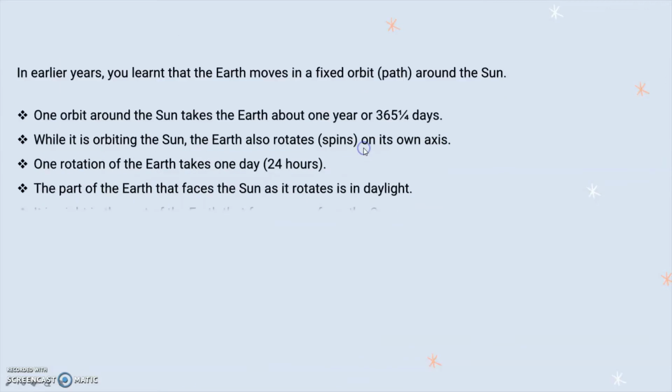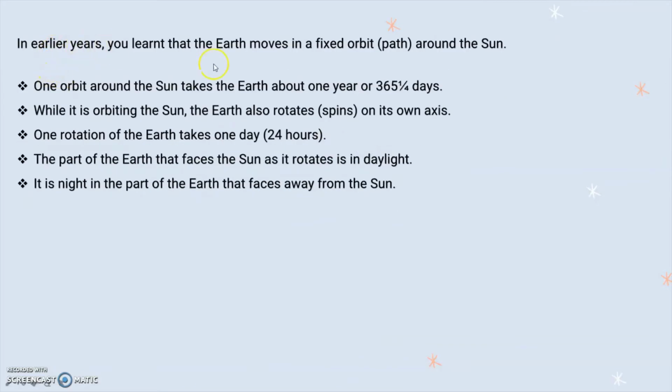Okay, next. In earlier years, you learned the Earth moves in a fixed orbit, or path, around the Sun. One orbit around the Sun takes the Earth about 1 year, or 365 and a quarter days. While it is orbiting the Sun, the Earth also rotates, or spins, on its own axis. One rotation of the Earth takes 1 day, which means 24 hours.